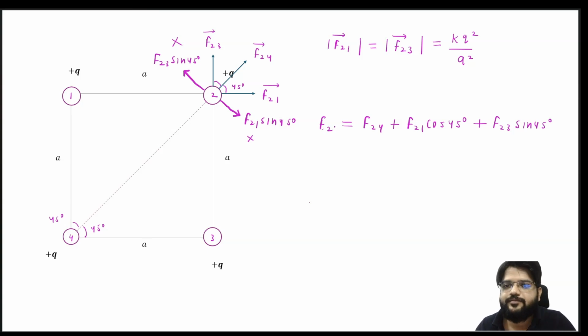So not sin 45, cos 45. See, the direction of F24, F21 cos 45 and F23 cos 45 is the same, because we are resolving F23 in this direction along the diagonal, correct? So F24, F21 cos 45 and F23 cos 45 have the same direction. That's why we are simply adding all these forces. So we will get the net force on the second charge.